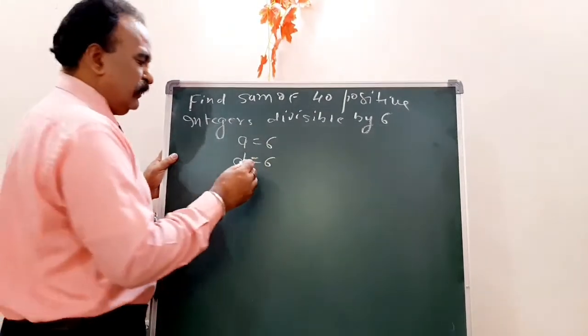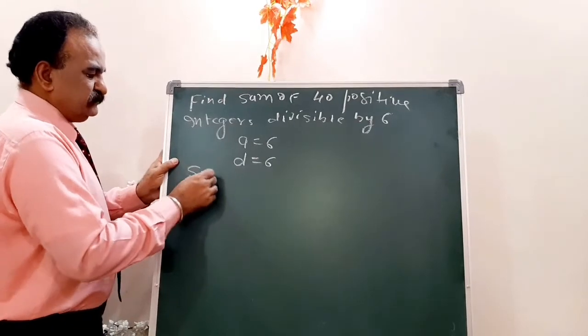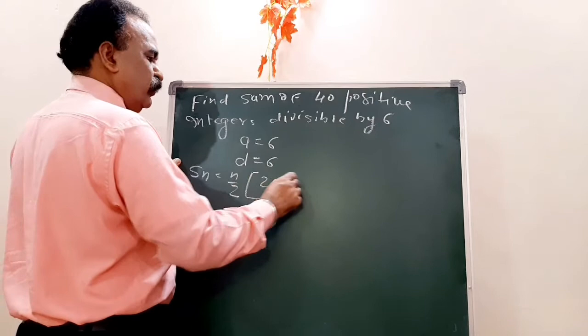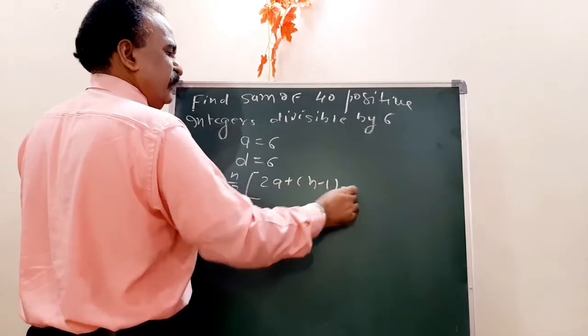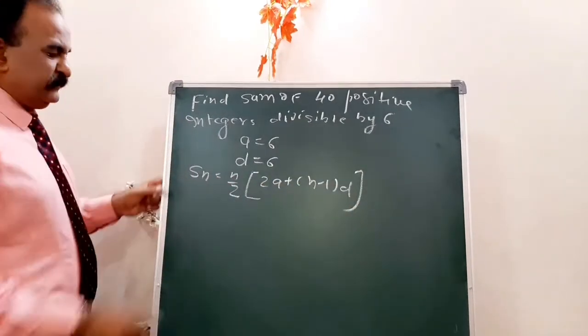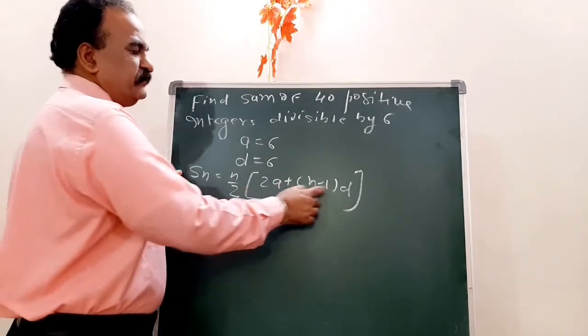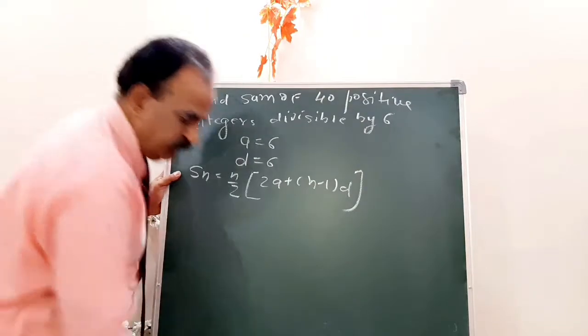Now you apply the formula. Sn is equal to n by 2 into bracket 2a plus n minus 1 into d. Sn is the sum of n numbers.